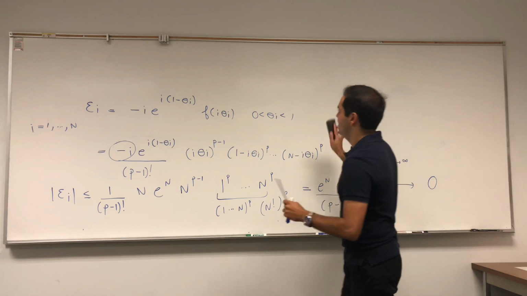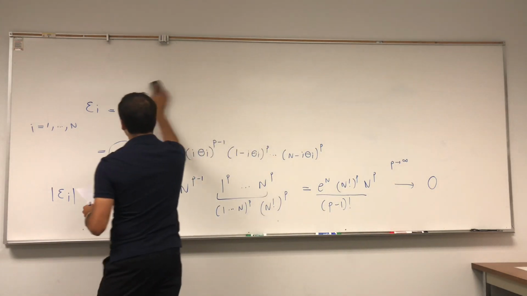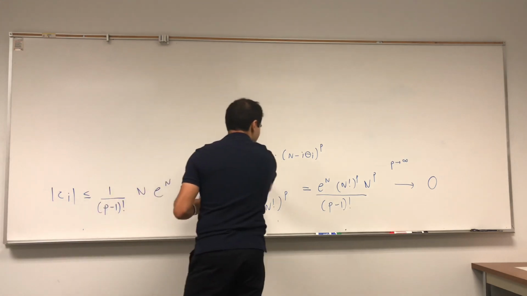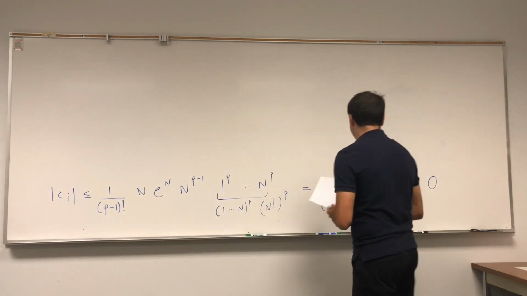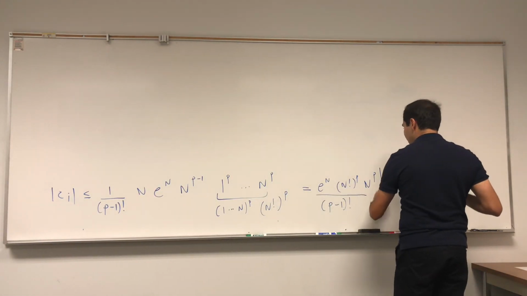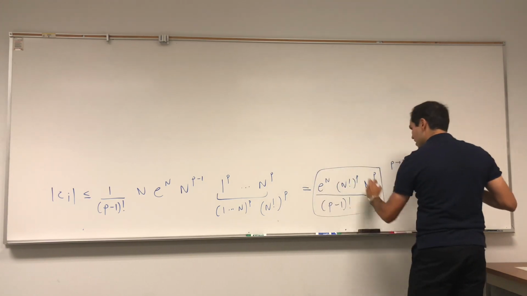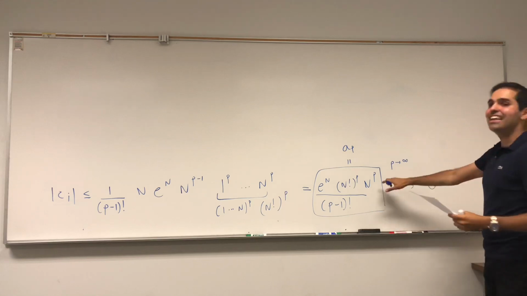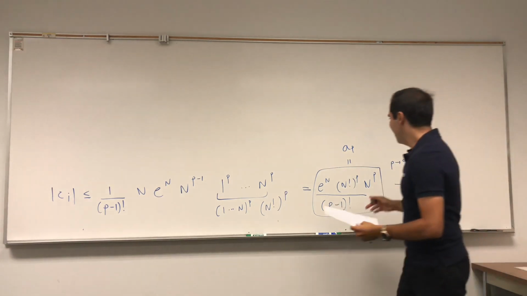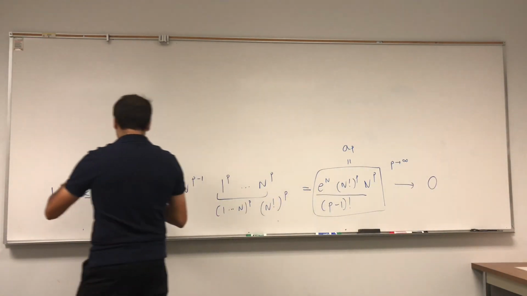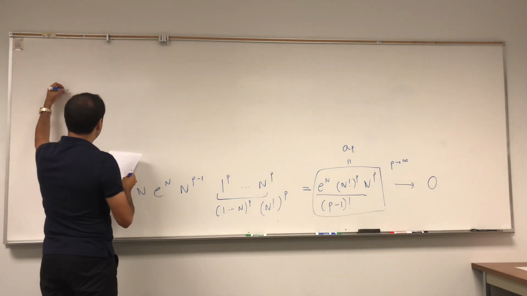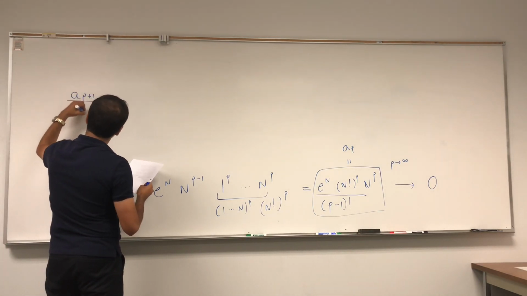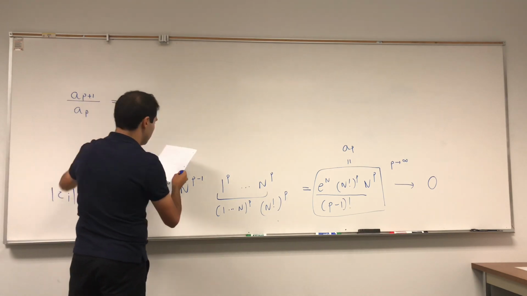Okay. If you're not convinced, let me give you a quick argument why this is true. This sequence, let's call this AP. Because again, n is fixed here, and we let p go to infinity. And in particular, suppose you consider the ratio of successive terms.